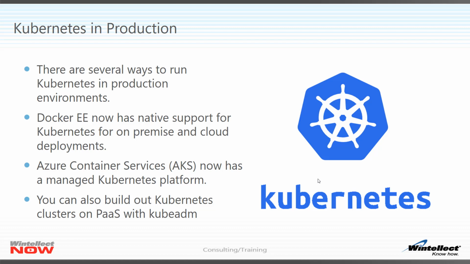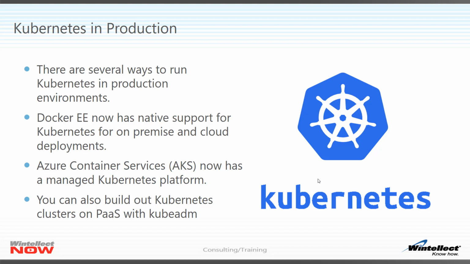What that enables you to do is go out to Azure's portal, or you can do it at the CLI, and spin up a Kubernetes cluster without actually having to configure it yourself. And you don't have to worry about any of the virtual machines it's running on or any of the underlying hardware. Microsoft manages that all for you through their management services. So all you really have to do is focus on actually managing the Kubernetes cluster and not worry about the virtual machines it's running on. So it's very easy to do.